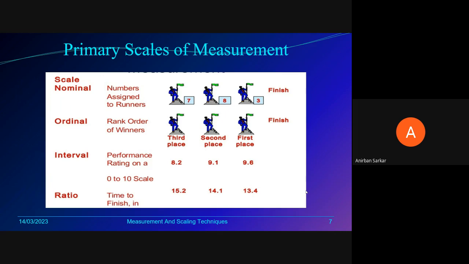If you see here, one is having jersey number 7, the other jersey number 8, the other jersey number 3. Does this mean that the person with jersey number 8 is better than 7 and better than 3? Can you tell?